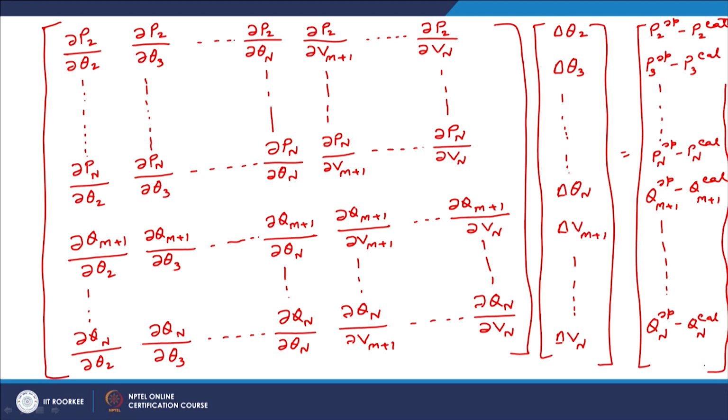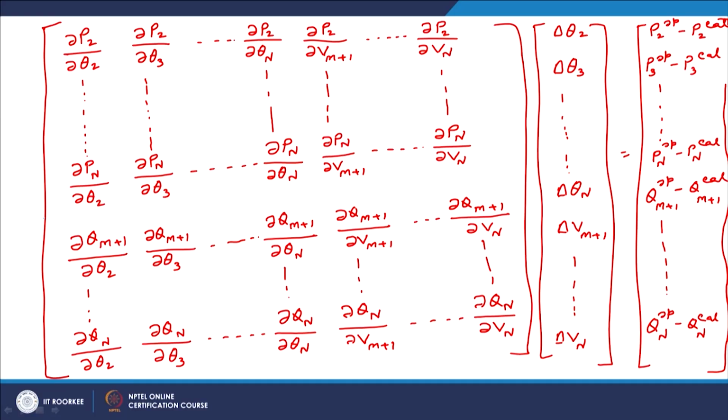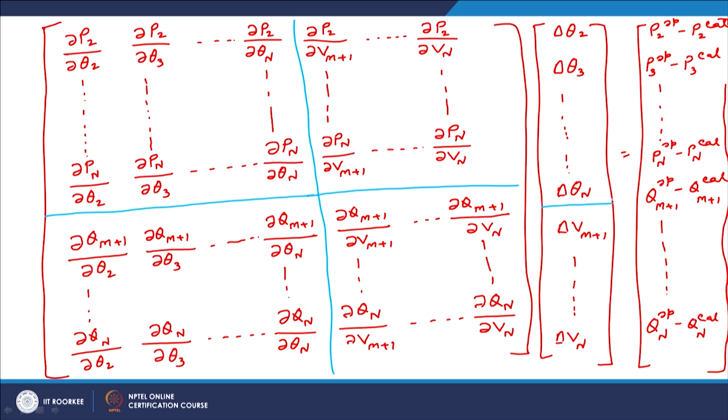So, then we have got a big matrix here, a big vector here, and a big vector here. Now let us partition them. We partition this big matrix like this, and we also partition this vector like this, and this vector like this. This matrix we call the del P by del theta matrix.